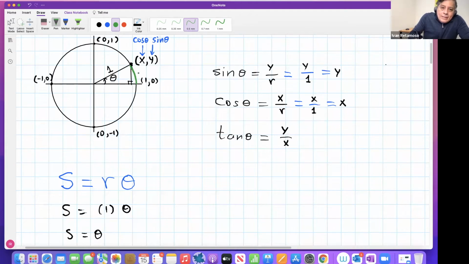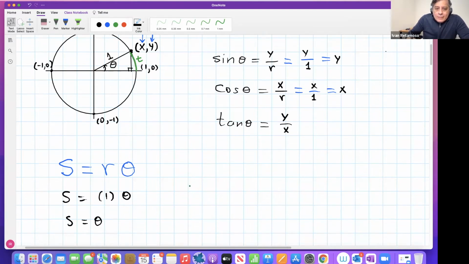So the length of this arc, if you call it T, and the angle are in a one-to-one relationship. This suggested something to the mathematicians.